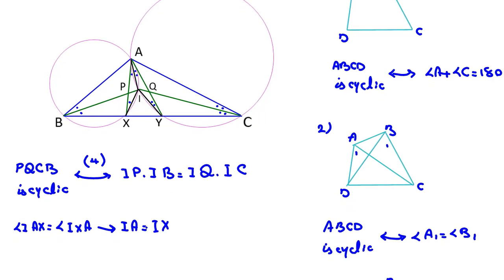Also, because CI is the internal angle bisector, this is equal to this one equal to this one, so we conclude that these two angles also are equal, and because angle IAY equals angle IYA, we can conclude IA equals IY. Now, because IA is the same, we conclude that IA equals IX equals IY.